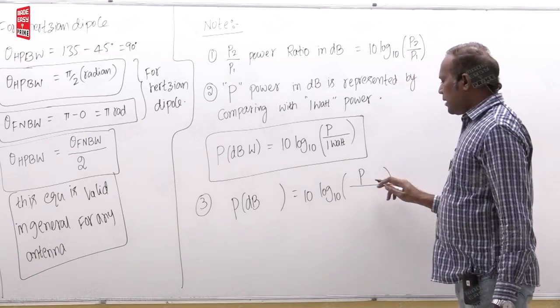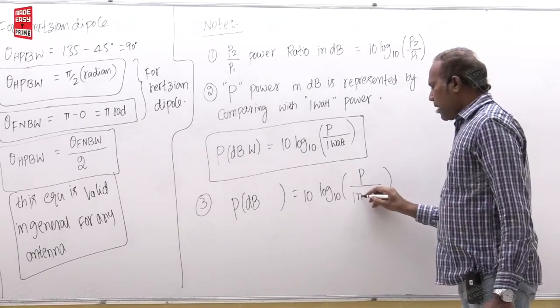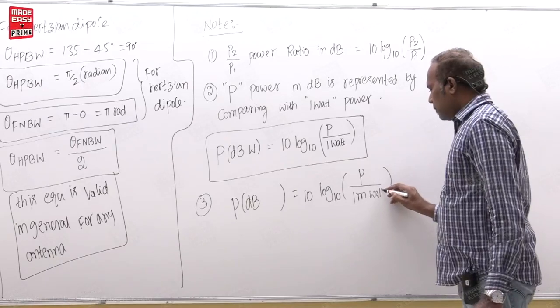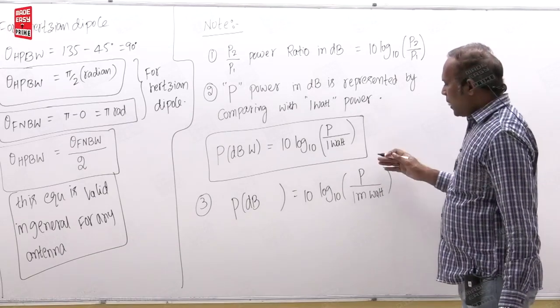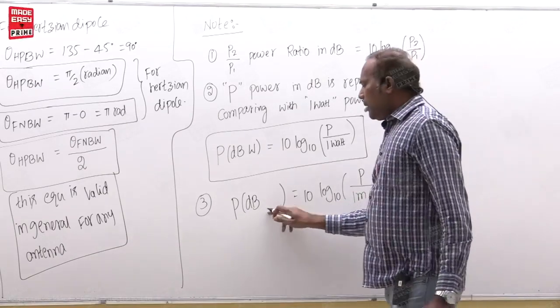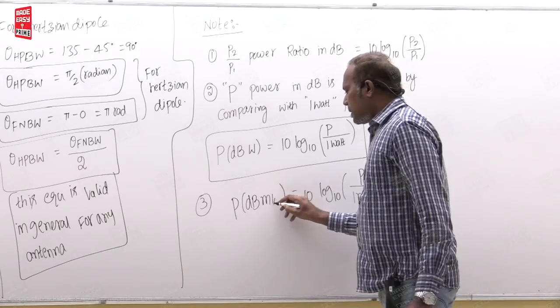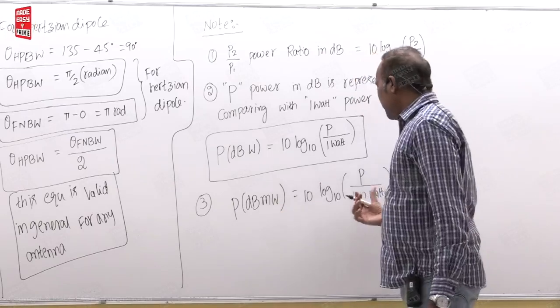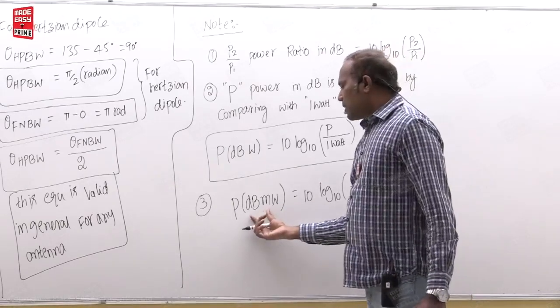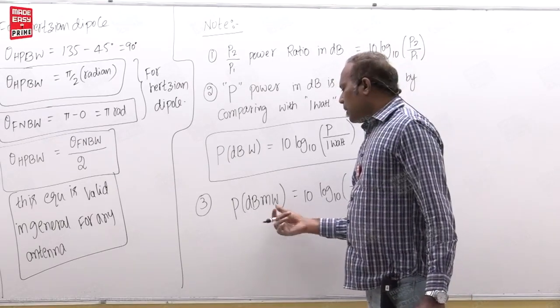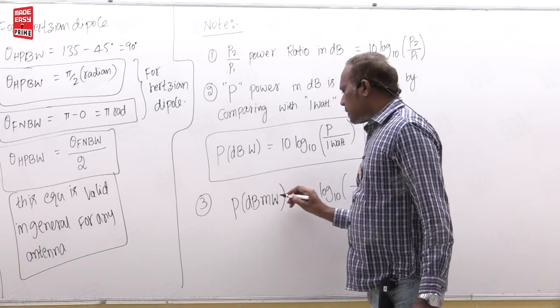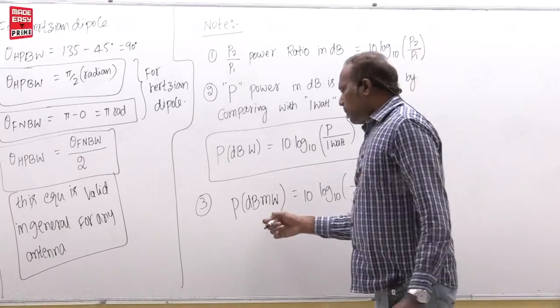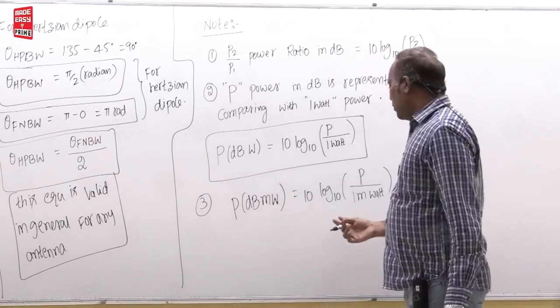How do you remove the units? If it is in milliwatt range, compare with 1 milliwatt, then milliwatt is gone, and you get dBmW here. That means you found this power in decibels by comparing with 1 milliwatt. In some books it is written as dBm, W is not written like this.